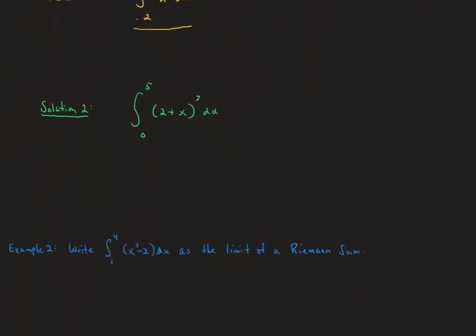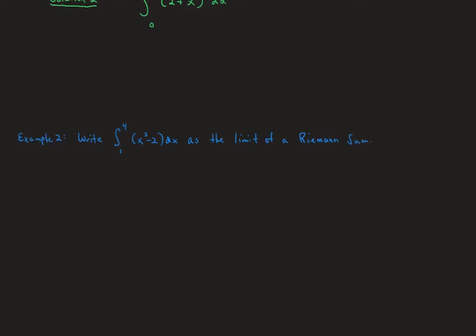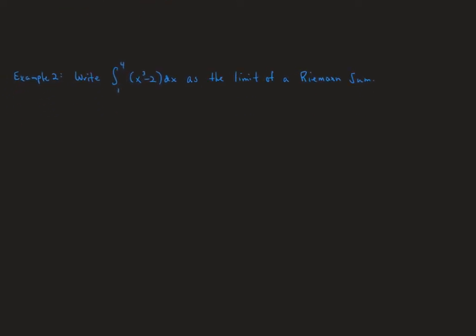Okay, so now we're going to go the other direction. Can we write this as a Riemann sum? In this case, we can see that our b minus a is going to be 3. And so our b minus a over n is going to be 3 over n.